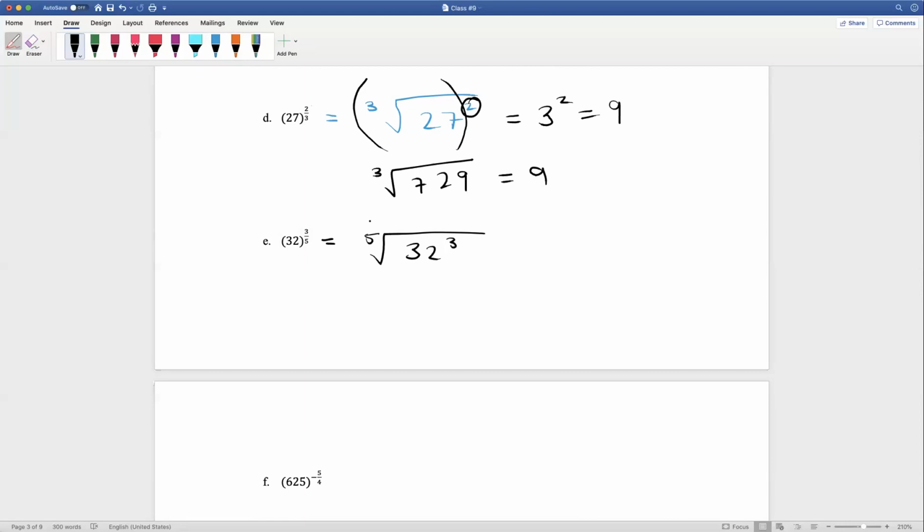So I'm going to use the index first to make it smaller, and then the exponent to make it bigger. The 5th root of 32. What number, when you raise it to the 5th power, gives you 32? 2 times 2 is 4, 4 times 2 is 8, 8 times 2 is 16, 16 times 2 is 32, so that's 2. Now we're going to use the exponent, which is a 3. We know 2 to the third power is 8.